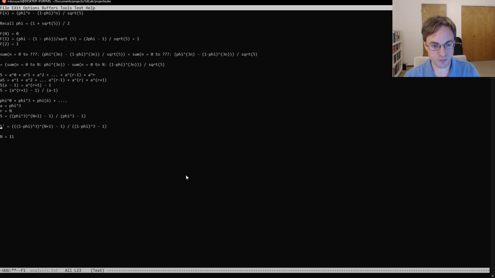Just as a reminder, s actual is going to be s minus s prime over square root of 5. The full expression up here is a little bit difficult to parse, so it can be useful to rewrite it like that.